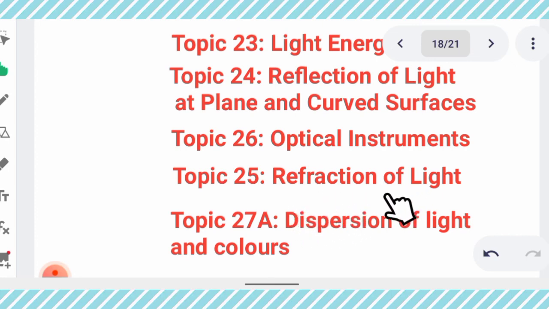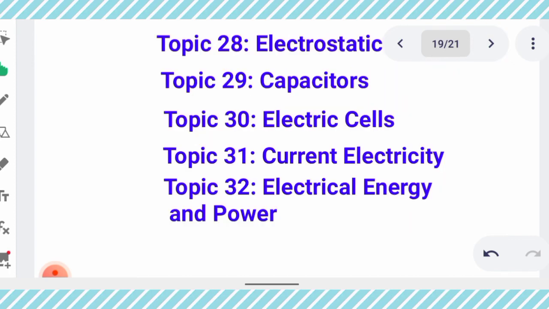Then refraction, you know what refraction is. When you put something in water, for example a stick in water, it will appear as if the stick is bent. That is refraction. Optical instruments, there are instruments, we have concave, convex, and so many of them. Then when we move further, we talk of electrostatics. For example, electrostatics is static electricity, or electricity in a constant position.